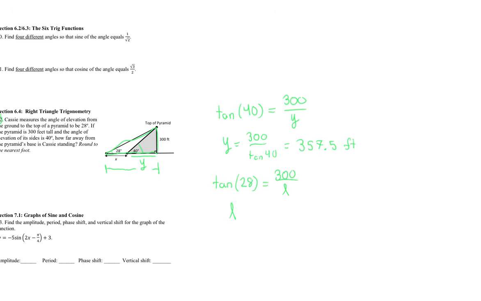So that gets us that L is equal to 564.217 feet. We're solving for this little value x, so x is equal to L minus y, which is equal to 564.2 minus 357.5, which gets us about 207 feet.